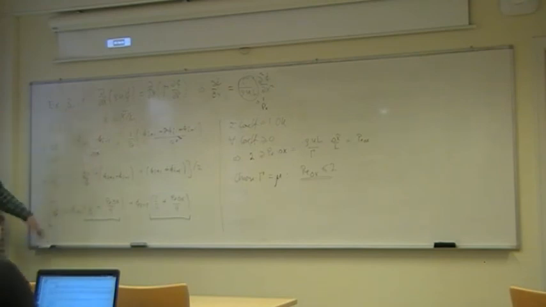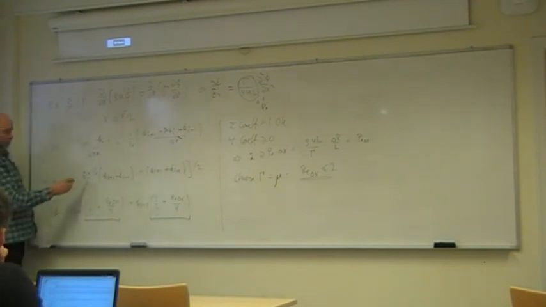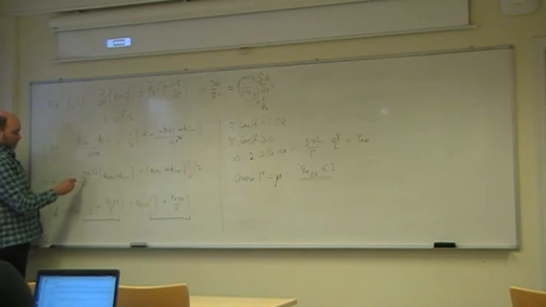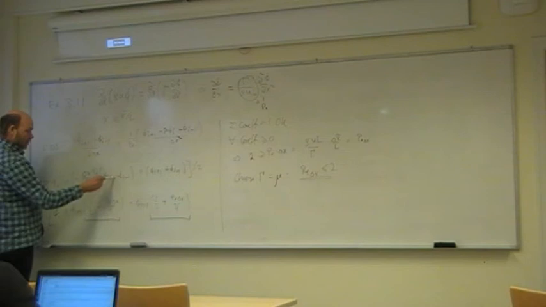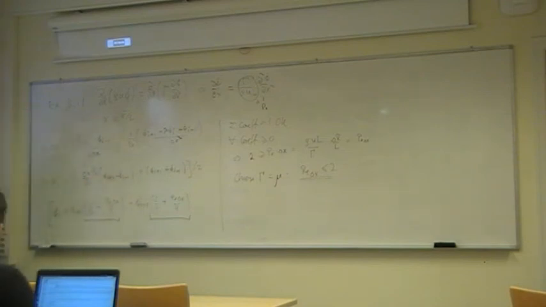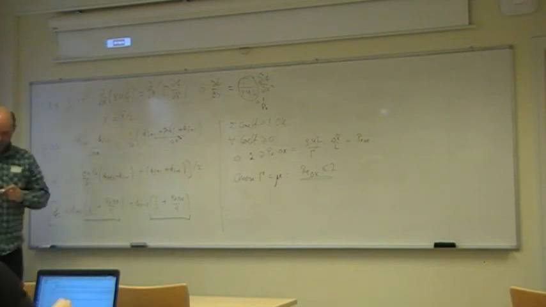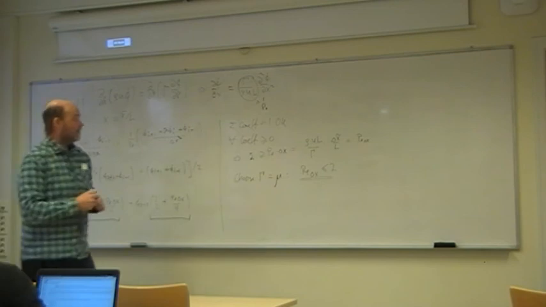So what will happen in this algebra? We will get rid of the 2 here. And here I will have only phi i and not phi i plus 1. But then you see we should do the calculation again.